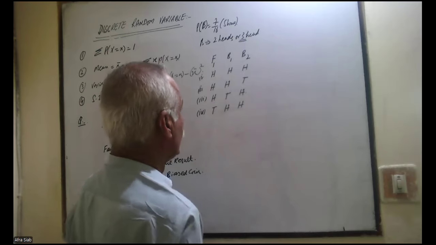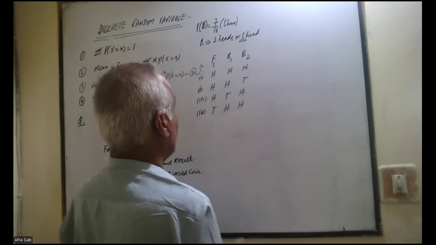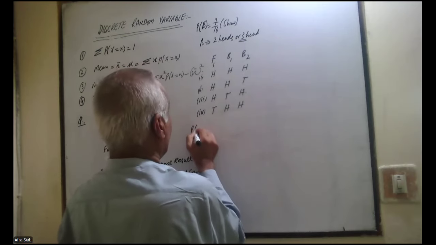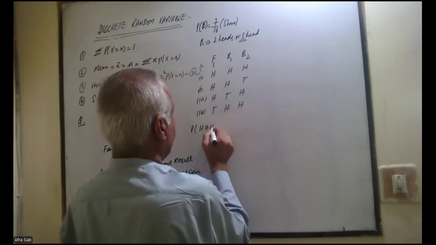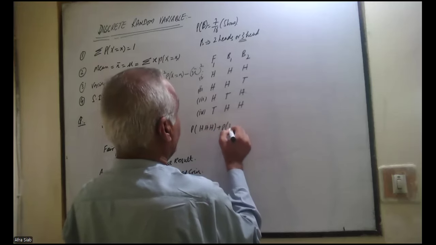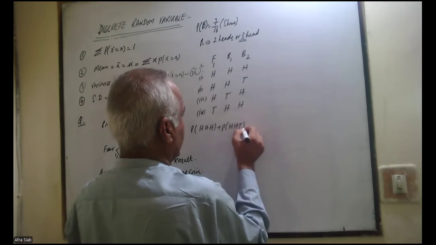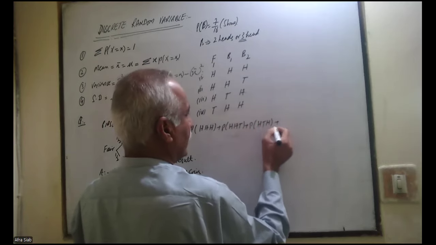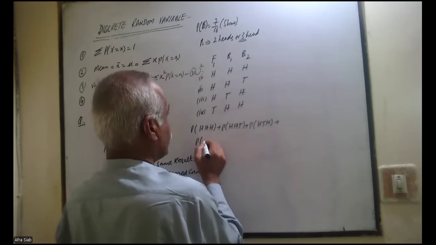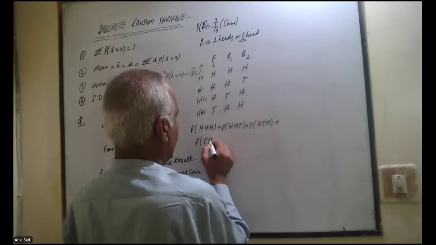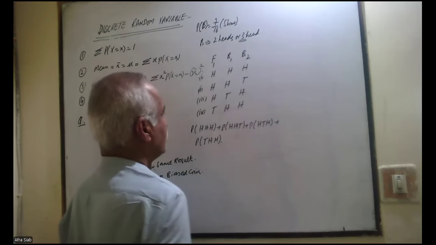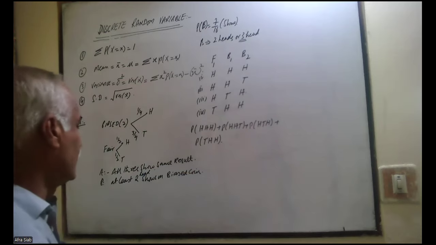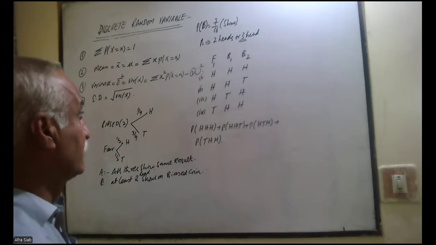So we are now going to calculate the probabilities of all this. So it should be probability of head, head, head, with the probability of head, head, tail, with the probability of head, tail, head, with the probability of tail, head, head. Because there are two heads, at least, should be shown on that part there.